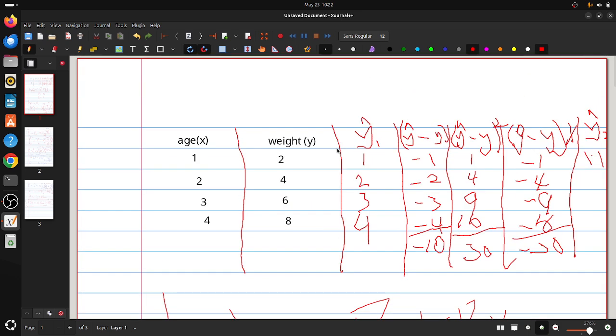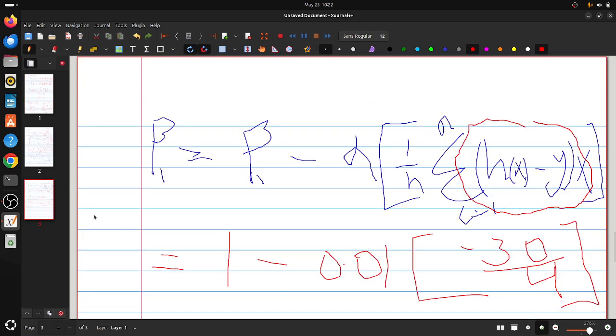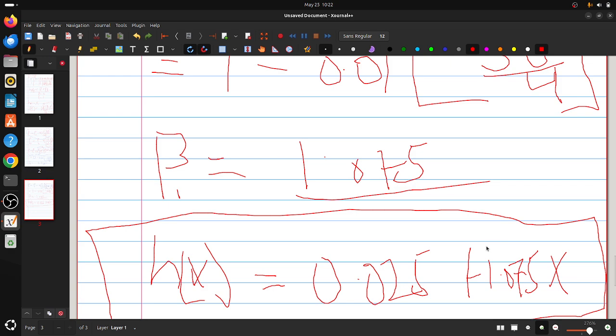Okay, let me write our new values of beta 1 and beta naught here to make life easy. Beta naught is equal to 0.025, and beta 1 is equal to 1.075. I hope I'm right. That's what we saw down here.